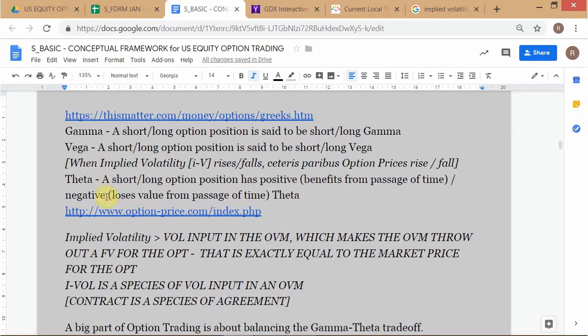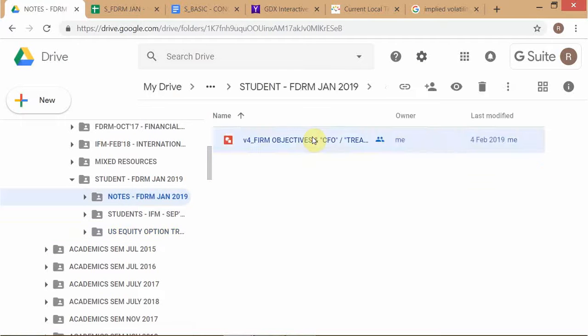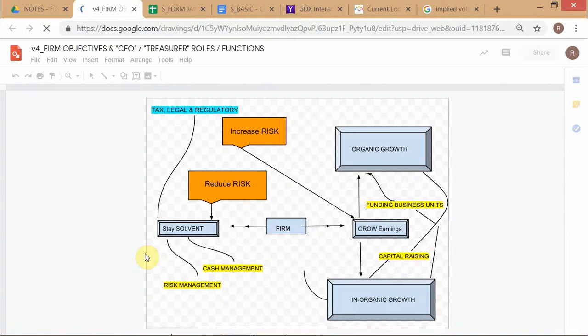It's just like what we showed you in that framework for the firm trying to balance the need to earn money on the one hand and to stay solvent on the other. This is what is meant by the trade-off. You understand trade-offs very well, I think.